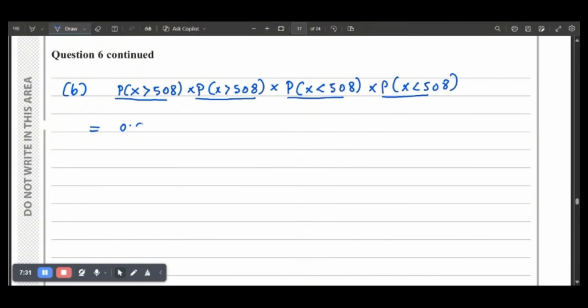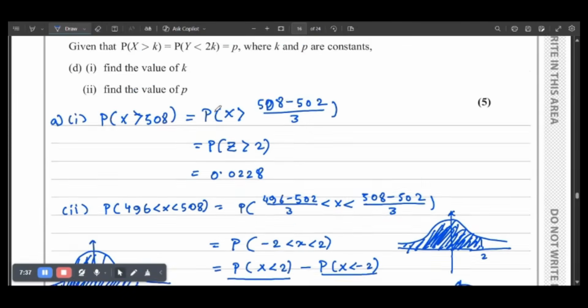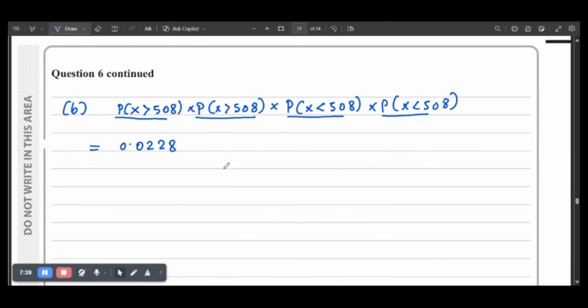So we can write the probability of x greater than 508 from part A, which is 0.0228, and as we are multiplying it two times, we can square it. Next, we multiply the probability of x less than 508 and square it.